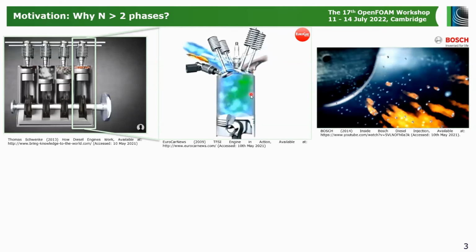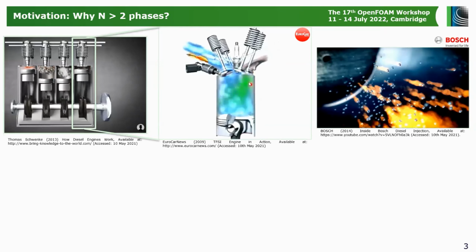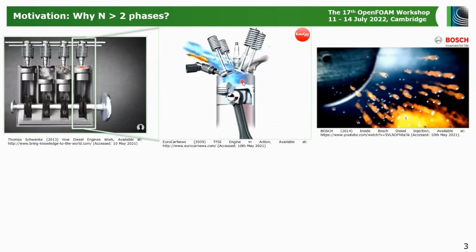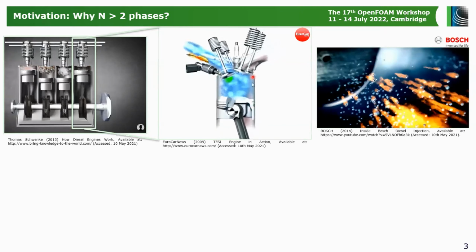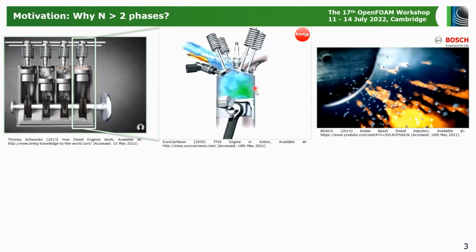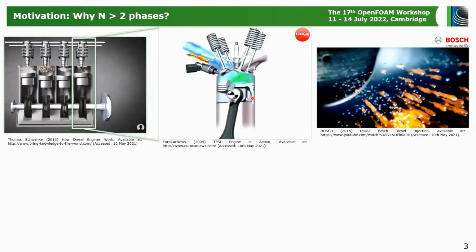This may cause transport of oil droplets from the wall into the combustion region, or it may change the transport properties of this lubricating oil film. So this is one application.